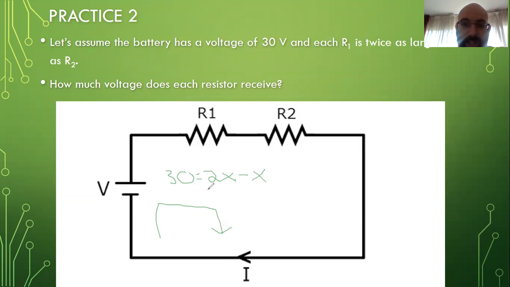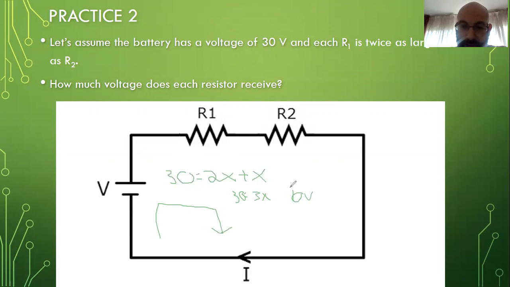We're setting this up a little differently than the one before. In the one before, it was the initial voltage minus all the other voltages equals 0. I skipped that step and just put the initial voltage on the left side of the equal sign, and it's equal to all of the voltage spent across the resistors. This really should be 2x plus x, because these two add together to spend that voltage. So this gets us 30 equals 3x, and if we solve for x, you would get 10 volts.